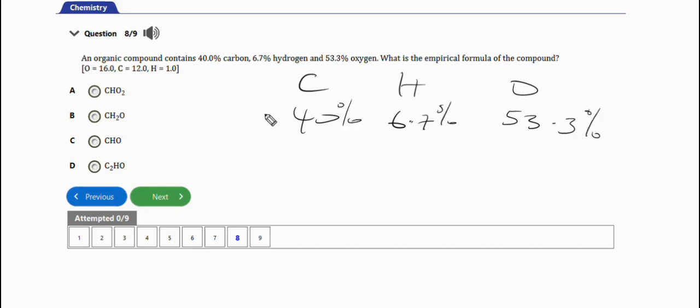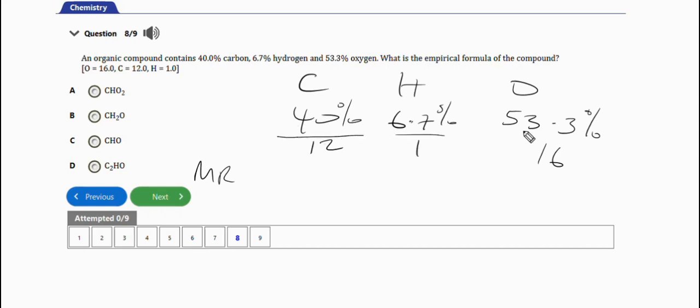All right, so let's put in percentage. The relative atomic mass of carbon we have to be 12, hydrogen we have to be 1, and oxygen we have to be 16. Now to get the mole ratio, divide the percent composition by the relative atomic mass.